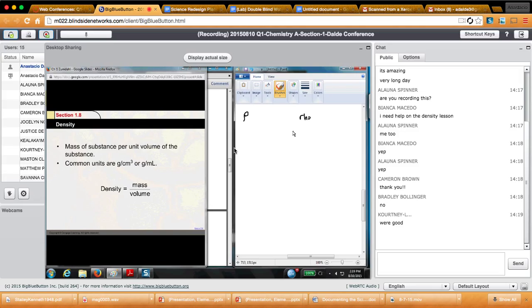So you might not see this in the textbook, but in college lectures or something like that, or maybe if you watch chemistry videos, you'll see them write down rho. All right. Now rho is equal to mass over volume.